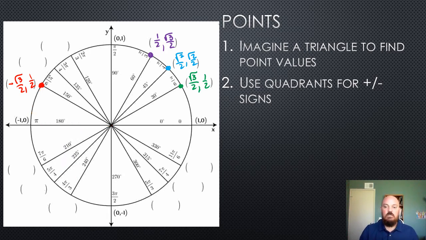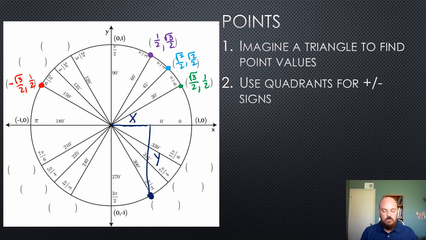So let's say, for example, I wanted to do this point right here, 300 degrees, or 5 pi over 3. To get to that point from the center, I went over here and down here. Here's my x, here's my y.